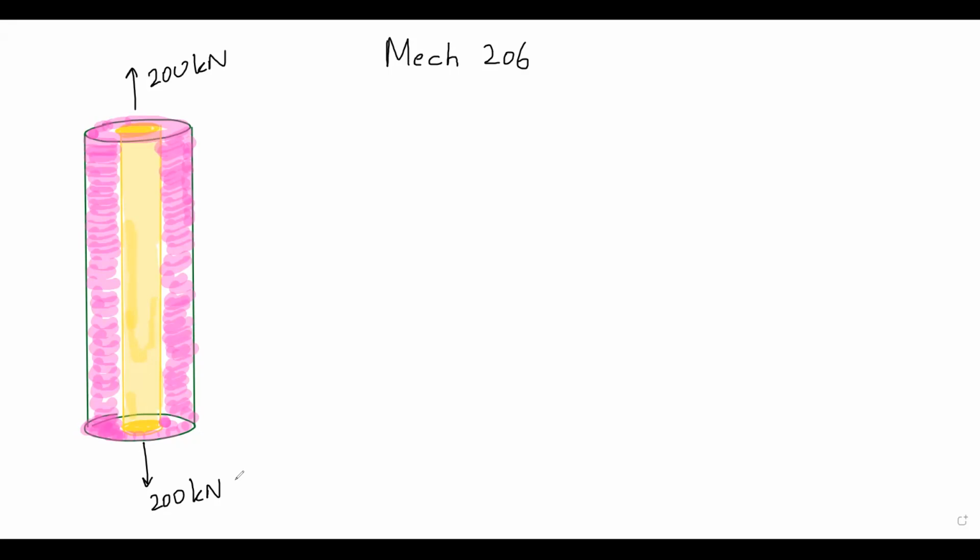Determine the normal stress in the aluminum shell. The second part of the question is the corresponding deformation of the assembly. So we have delta of assembly.